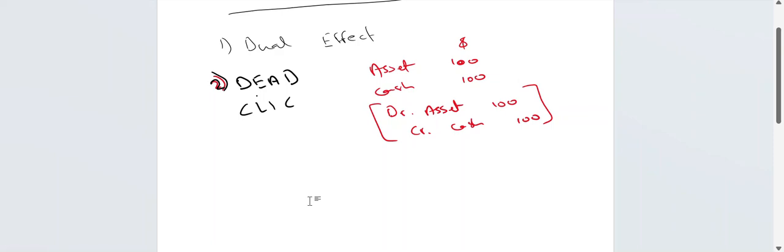So the easiest formula to remember for this is DEAD CLIC. Okay, so DEAD CLIC teaches us that. I'm going to go to the next page and make it clear. It's getting messy here. All right, wait a second.